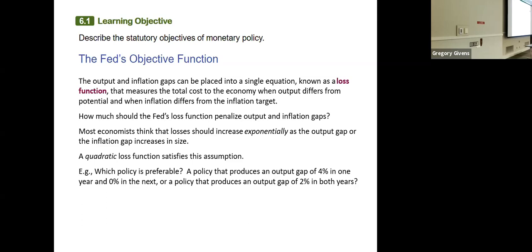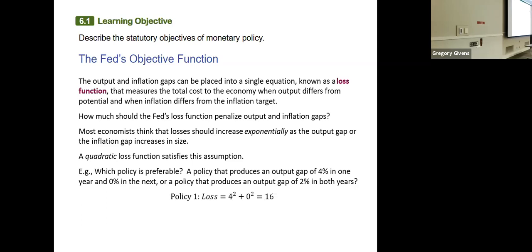Or alternatively, the Fed can implement a policy that is expected to keep the output gap at 2% over the next 2 years. You'll notice here that both policies have the same average output gap. 4 and 0 averages to 2. 2 and 2 average to 2, okay? However, the policies are different. Why? Because loss increases exponentially with the output gap.